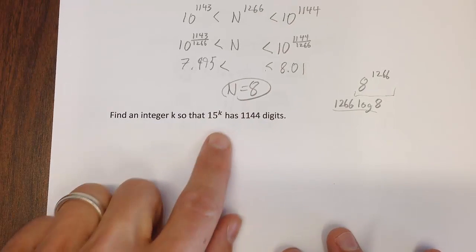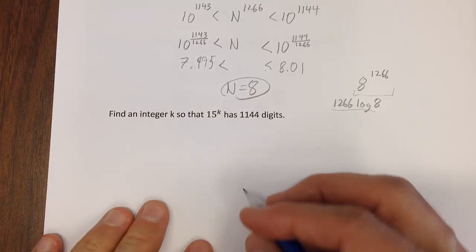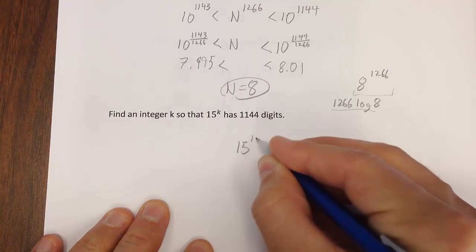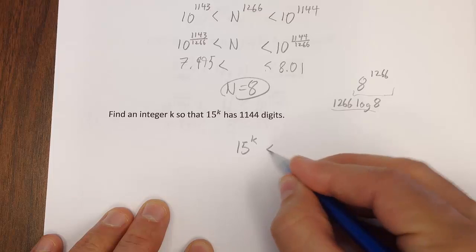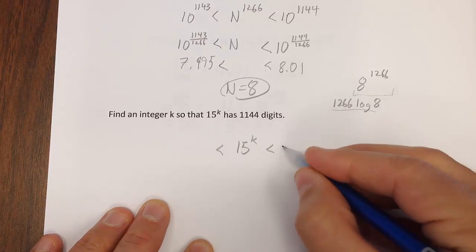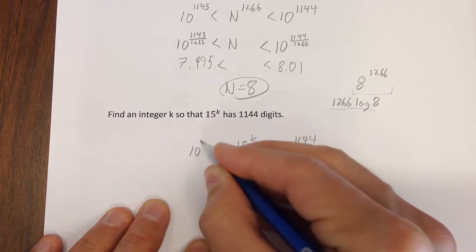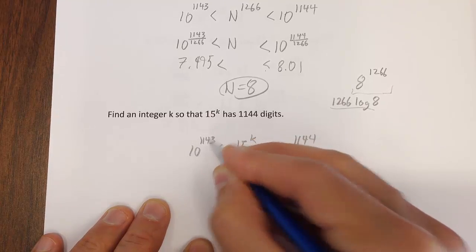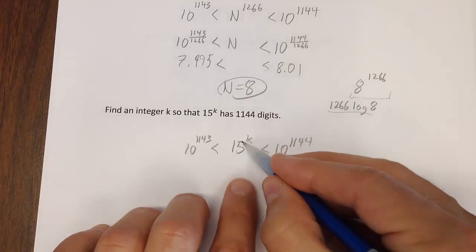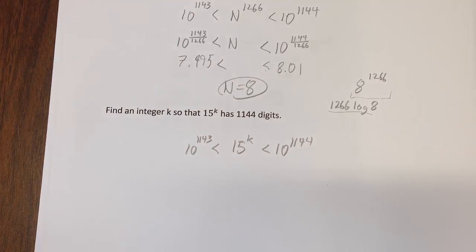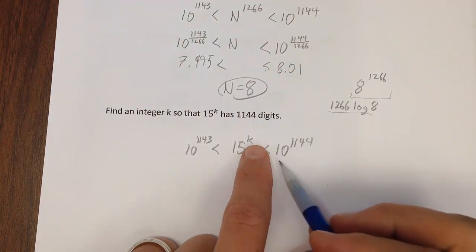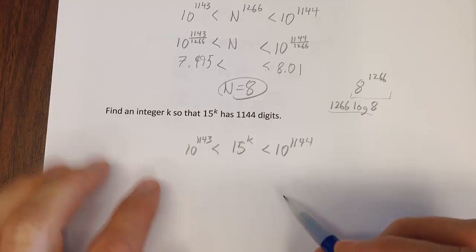Now I've got my power here, so now I need 15 to the k somehow to be between 10 to the 1143 and 10 to the 1144. Okay, so now I've got my variable in the exponent. Well, that's challenging because I can't just take a root to get rid of the power like the last problem.